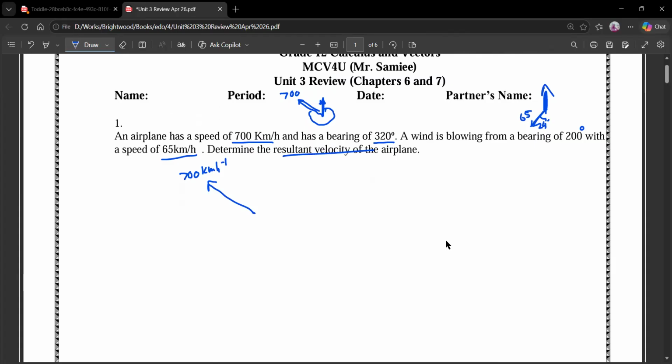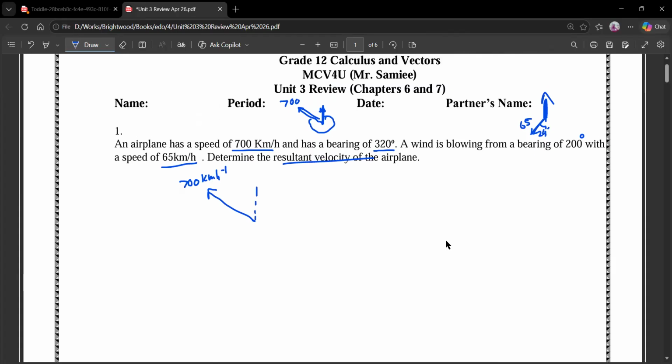If you consider this angle, this one is 270, here 50, so this one should be 40 degrees. And what is the other one?